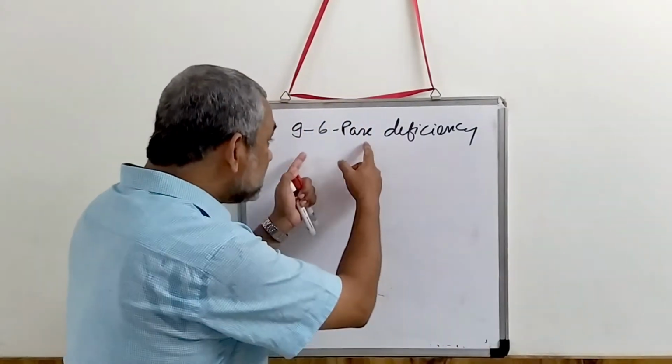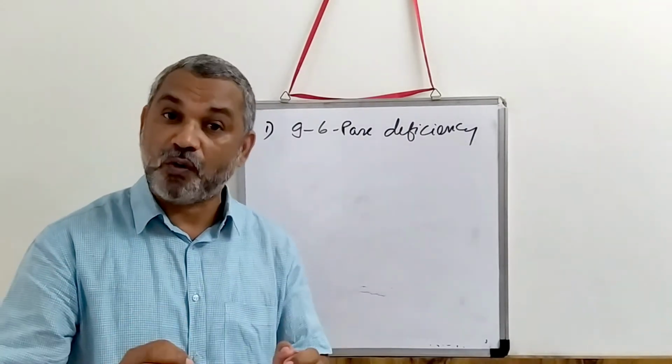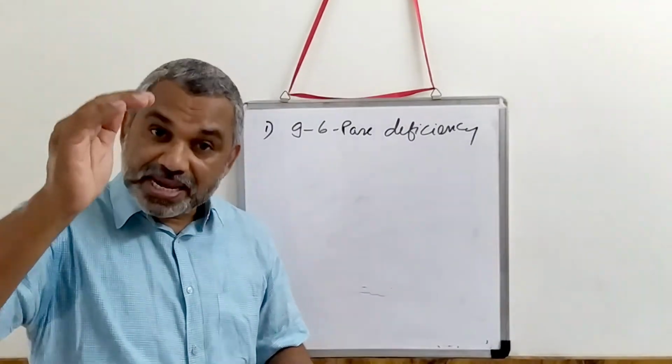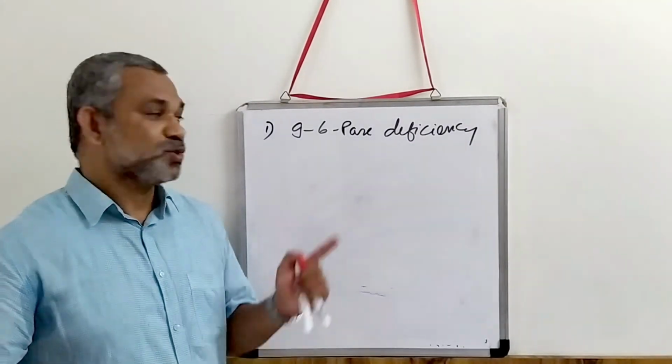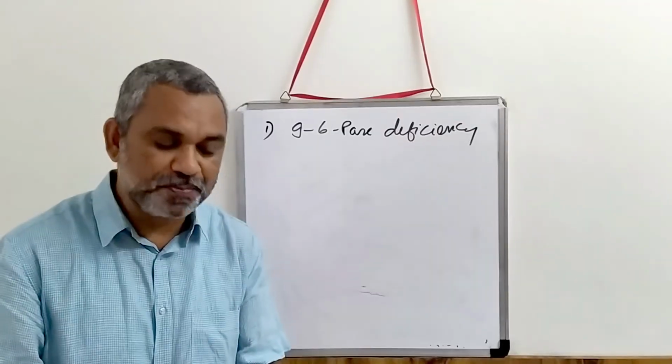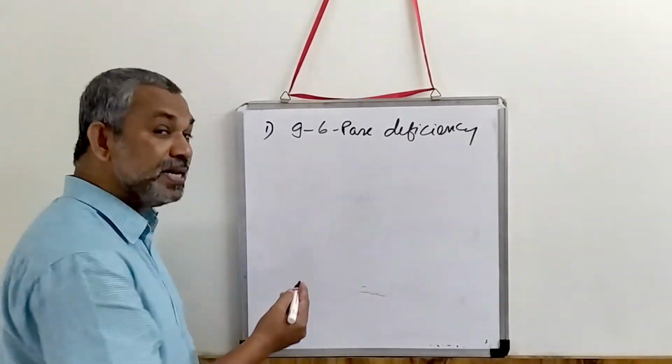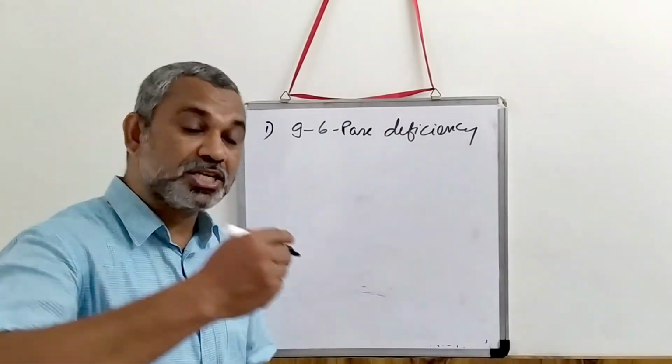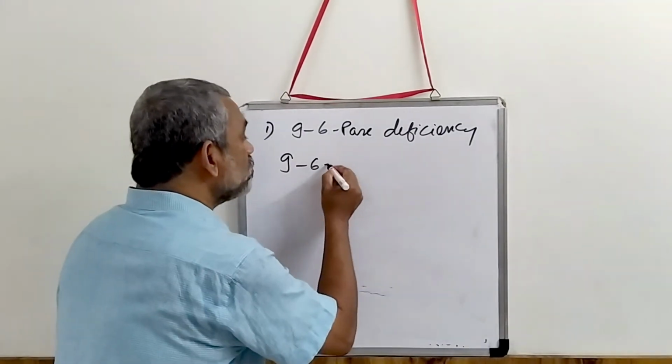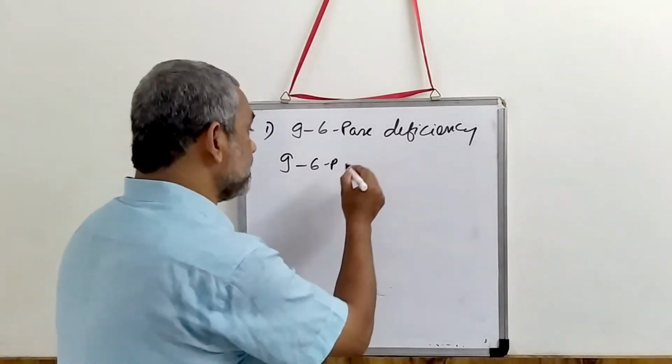So you know that this enzyme is required for making glucose available. Therefore, if this enzyme is not present, what will happen? The precursor molecule, glucose 6-phosphate, will get accumulated.